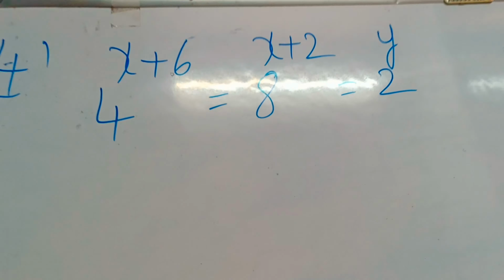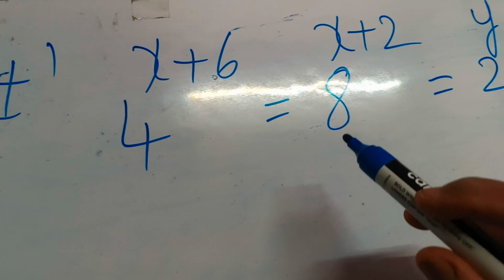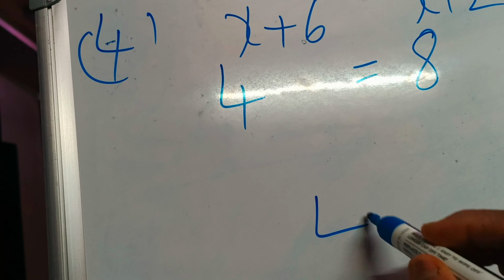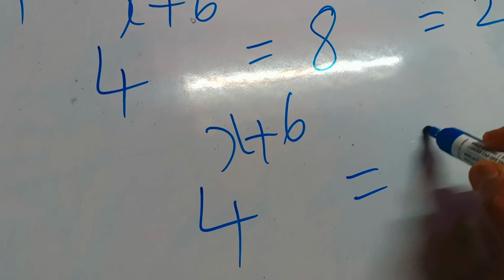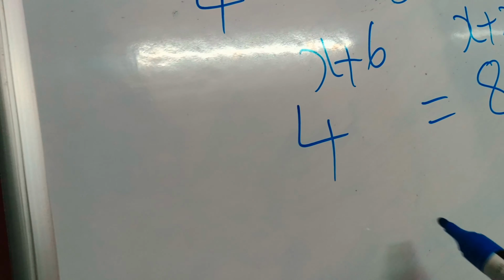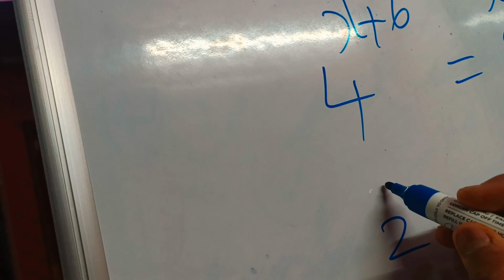First we solve for these two expressions. 4 power x plus 6 is equal to 8 power x plus 2. 4 will be written as 2 square, and 8 will be written as 2 cube.